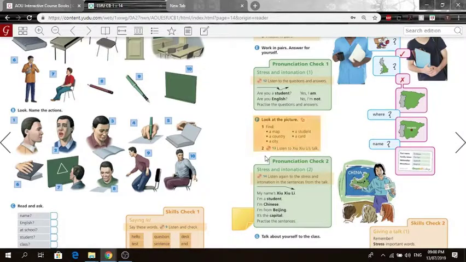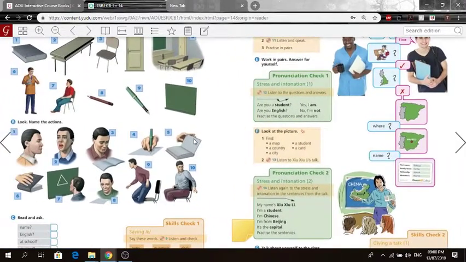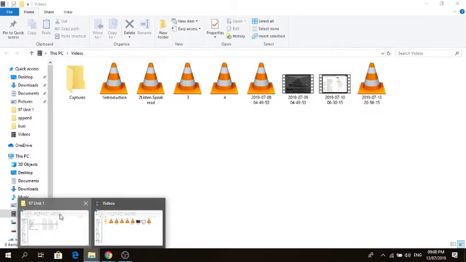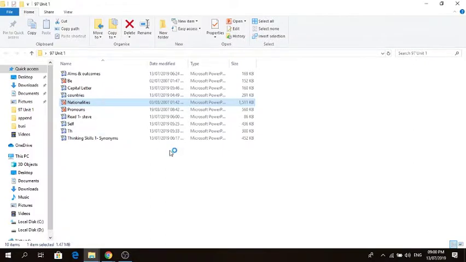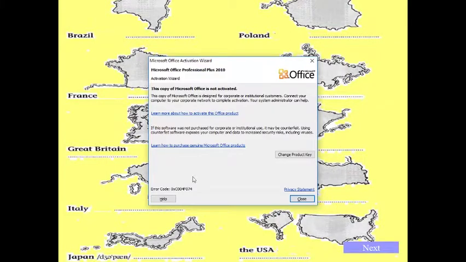Okay? So now before we go, I want to talk a bit about the nationalities and the countries for you guys. So let's just give me a second right here. I'm gonna go to nationalities. Okay, so we have nationalities right here, and these are some of the countries and their location on the map. So here obviously we have Brazil, Poland, which is obviously in Europe.